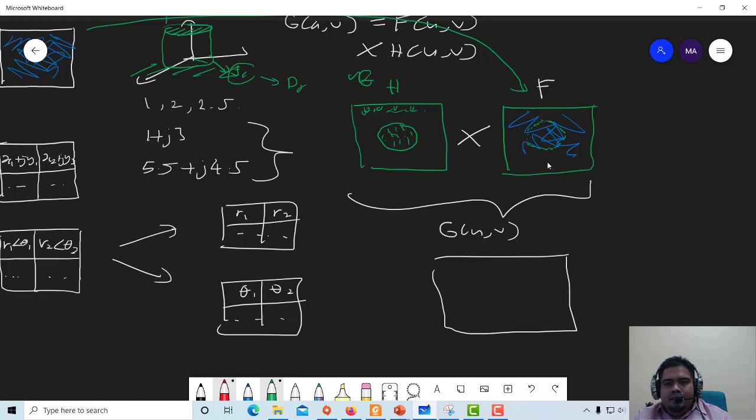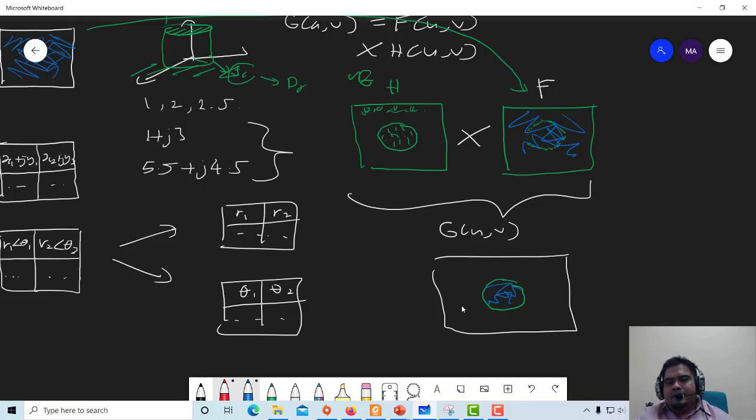So in other words, if I draw the output, it will look something like this. The rest becomes 0, and the only information remaining is what is inside the circle.